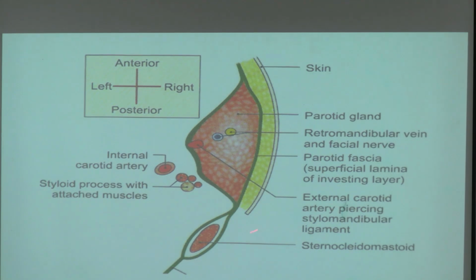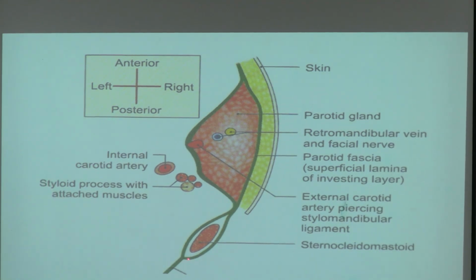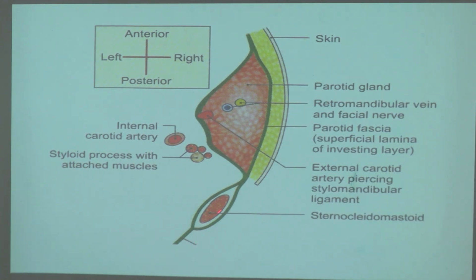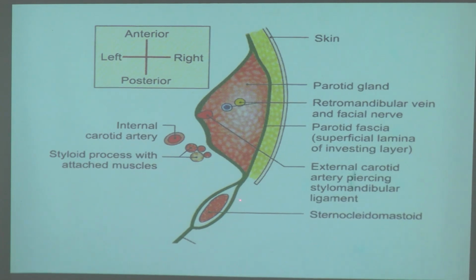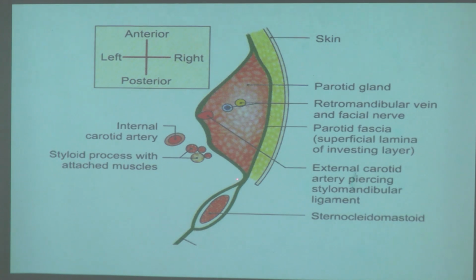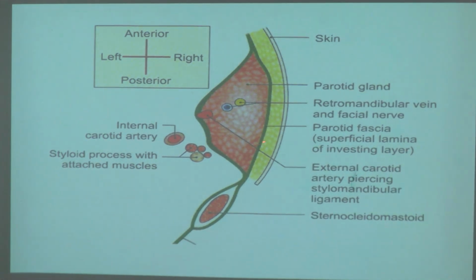You can see here, this is your deep cervical layer. To cover your sternocleidomastoid, it is dividing into two parts. Again, it is combining to form a single layer before covering your gland. To cover the gland, it will again split into two layers.